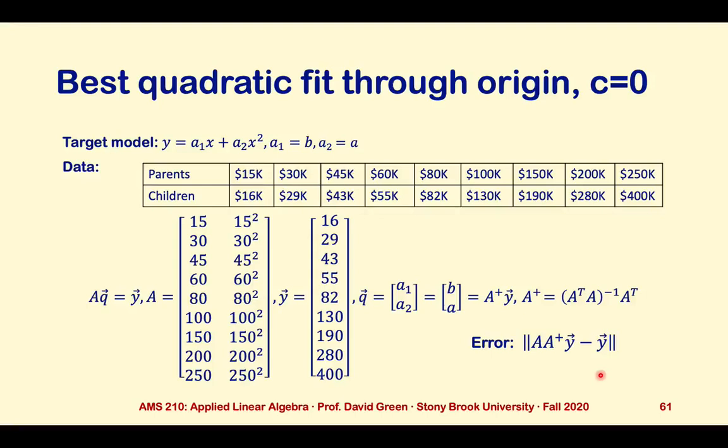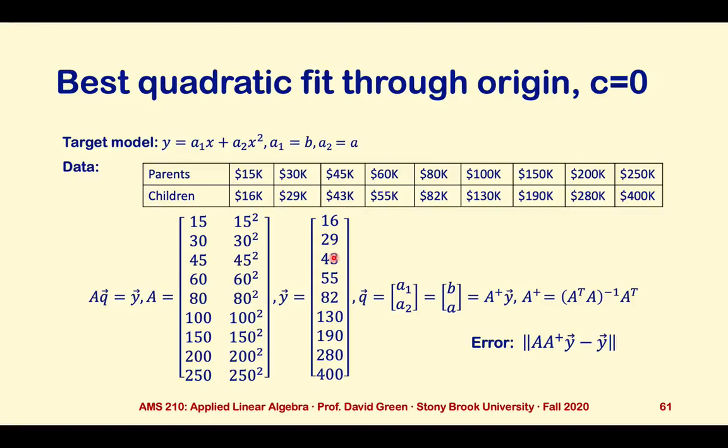These four examples highlight the basic process of how you use regression to solve a problem. The method is always the same. Compute the pseudo-inverse, multiply that pseudo-inverse by the dependent variable target, and that will give you the coefficients, and you can compute the error.